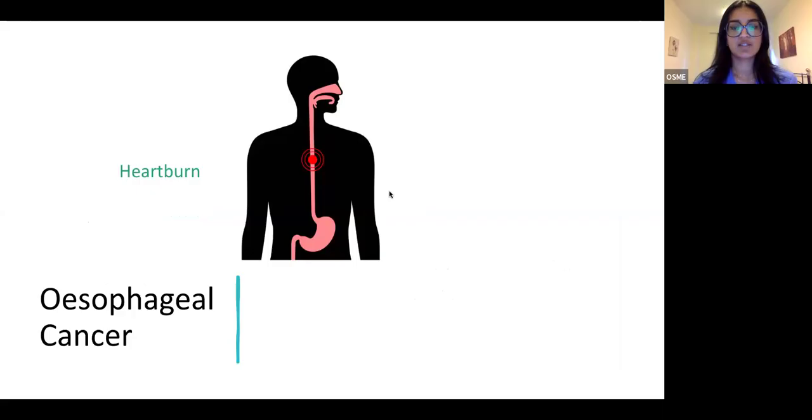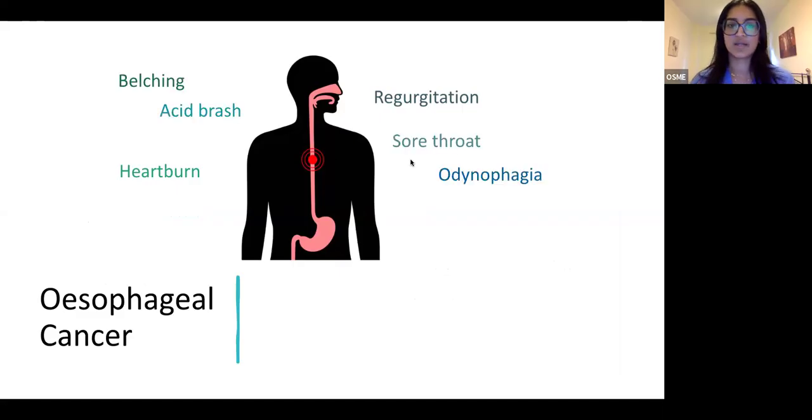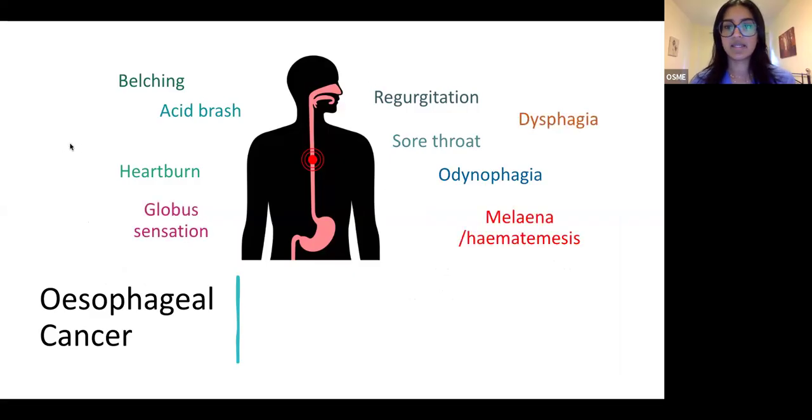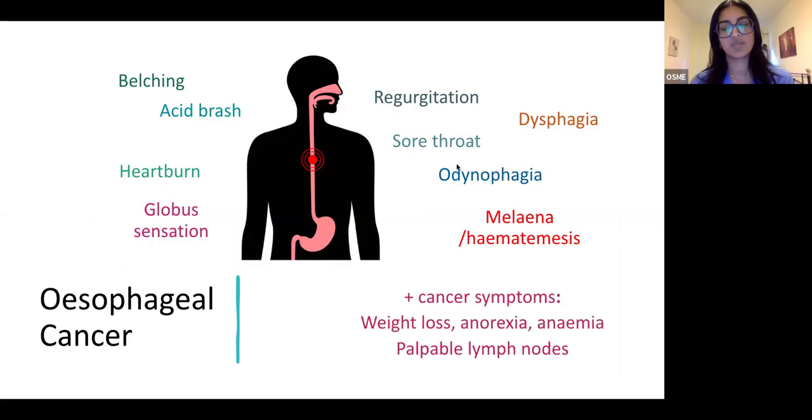Okay, esophageal cancer. I think you get specific teaching on esophageal cancer, so you should already know a bit about it. These are the main presenting symptoms. If they have dysphagia, that's a big red flag. If they also have melena or hematemesis, the feeling of something in their throat, or pain when they swallow, those are further red flags.